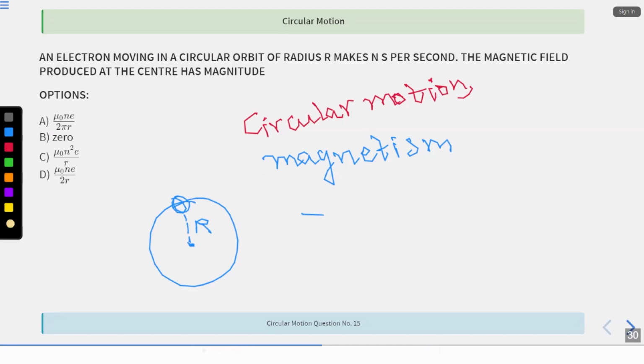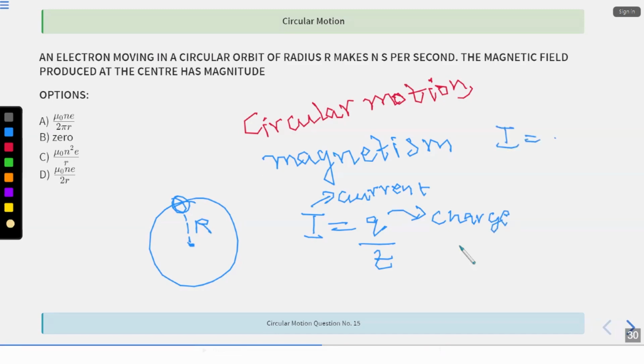We know that I is equal to Q by T. Here I is the current and Q is the charge. And charge of an electron is e. So I is equal to e by T. And T is nothing but 2 pi by omega.